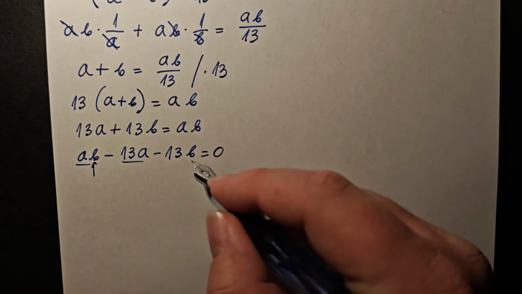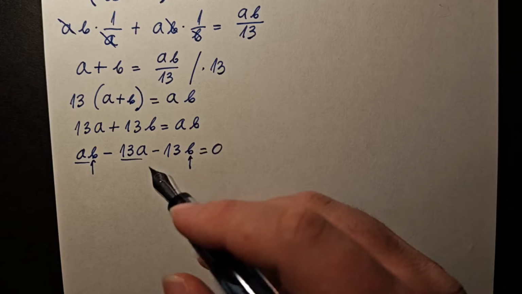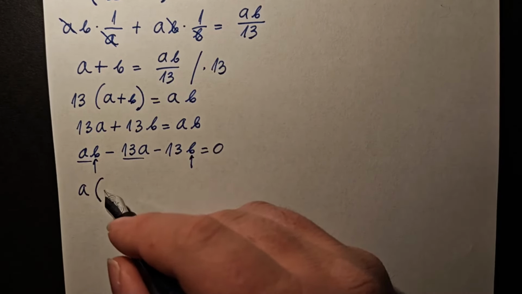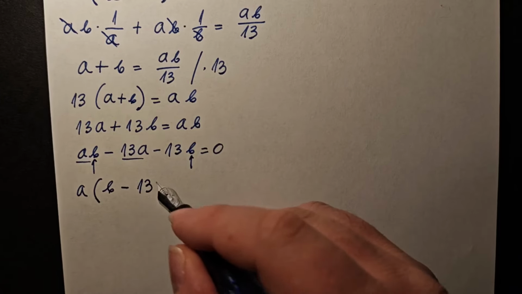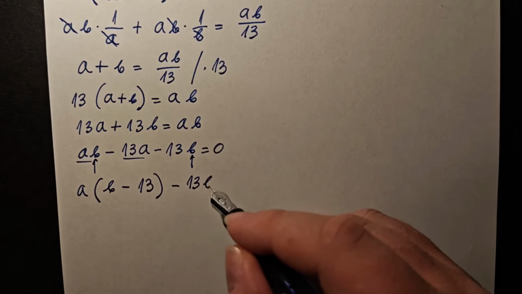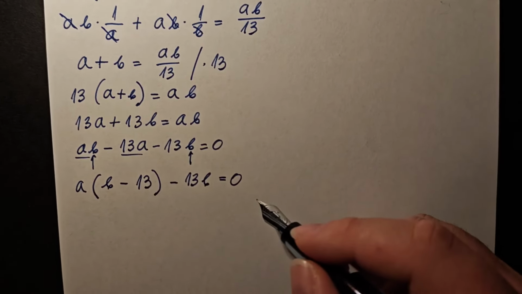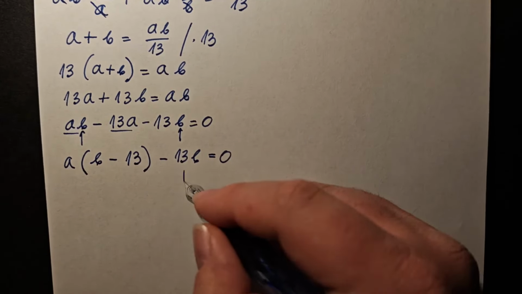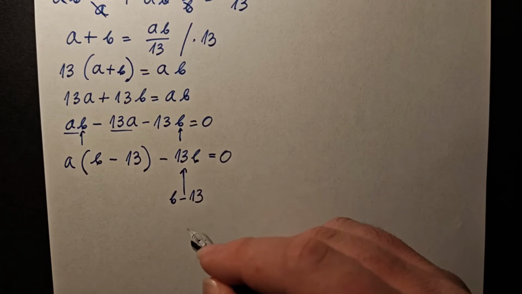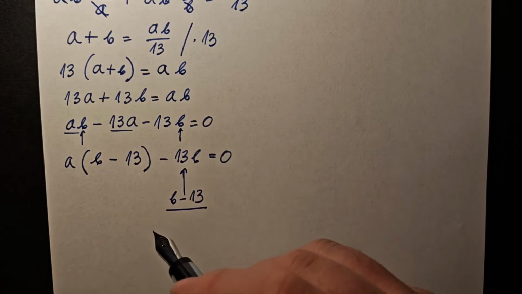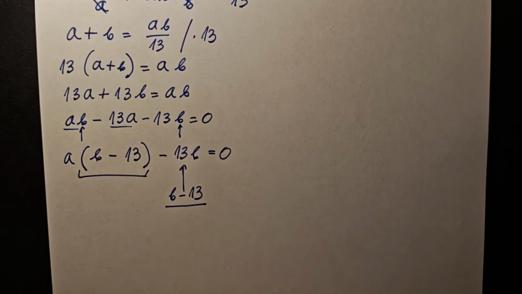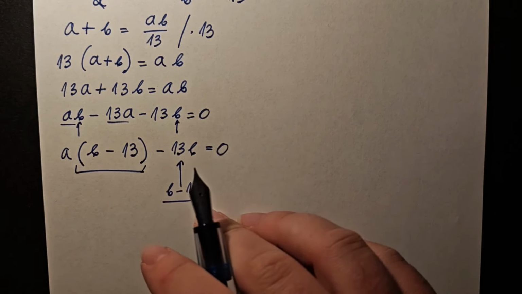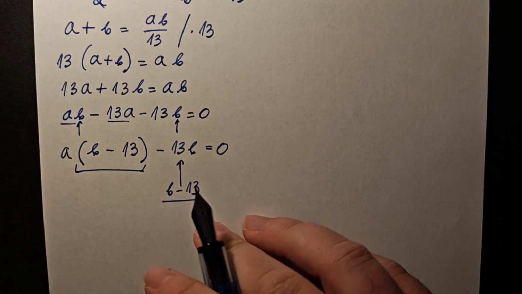Of course, we have b in common here too, but we are going to take a first, and then we have b minus 13 and minus 13b equal to 0. So our idea here is to make b minus 13 appear somewhere and take that b minus 13 as common, and get something else in the product to be equal to 0.